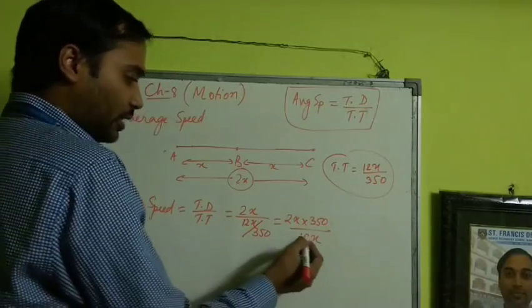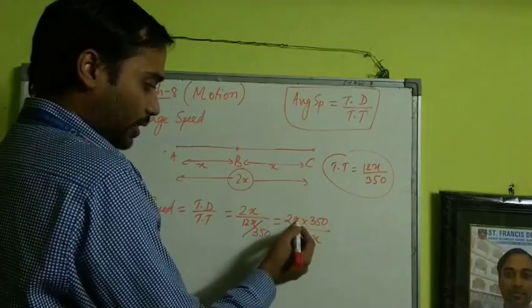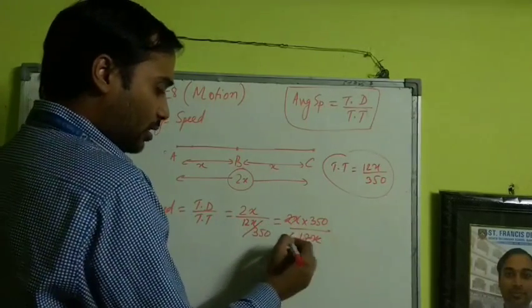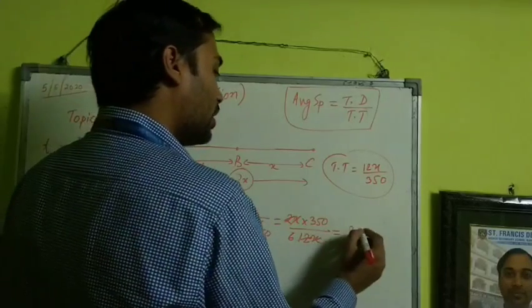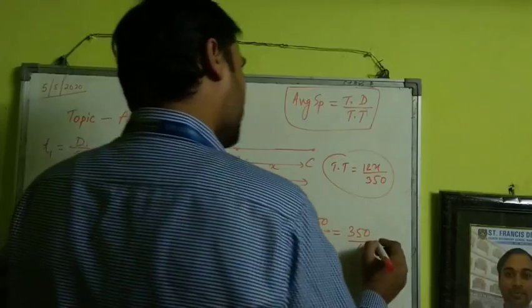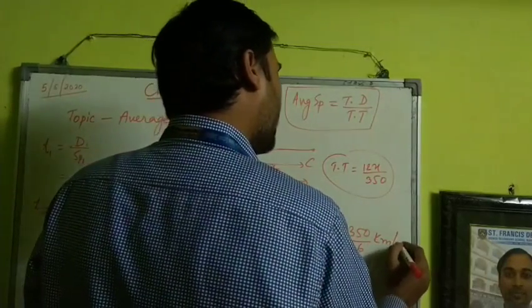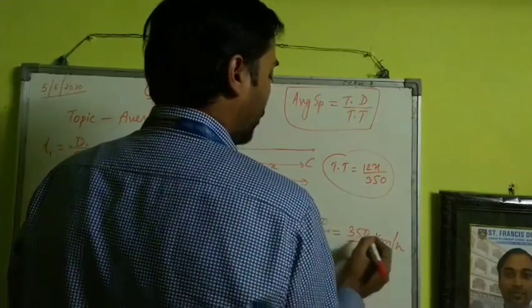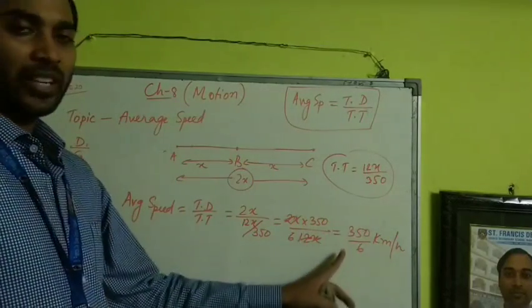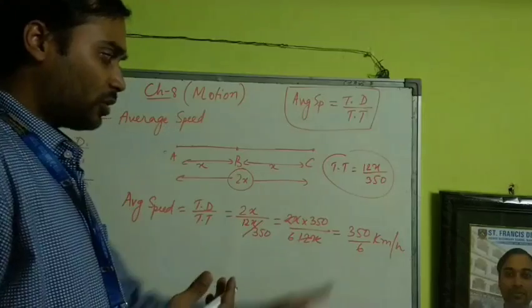Now here, in 12, this x and x will be cancelled, then 2 sixes are 12, so we got here 350 divided by 6. So this is 350 by 6 kilometer per hour. Now this you can keep as a fraction, but preferably try to solve this fraction.